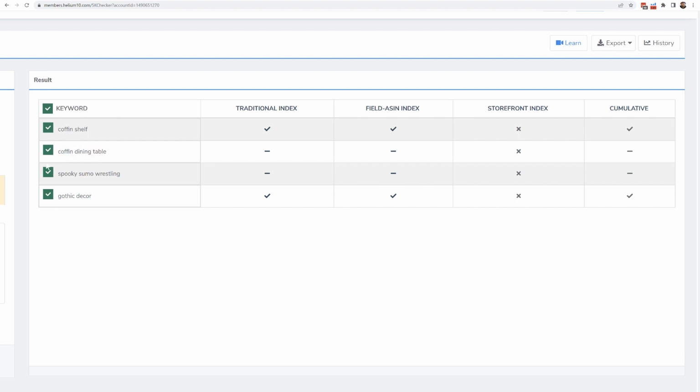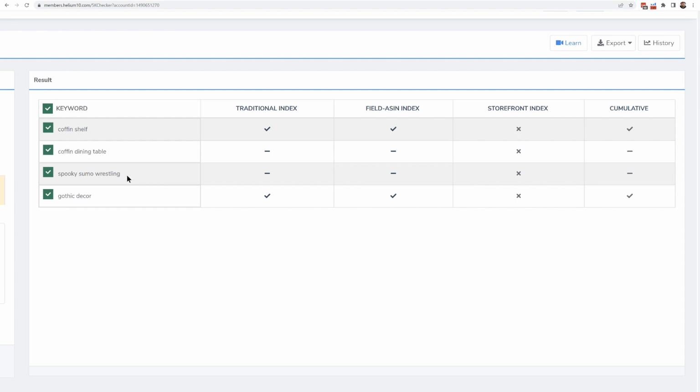But for coffin dining table, you might be wondering which keywords are missing from my listing, because that's the way you get indexed. Usually if you're not indexed, in most cases it means you don't even have one of the keywords in that phrase in your listing, and that's why you're not indexed for the complete phrase.